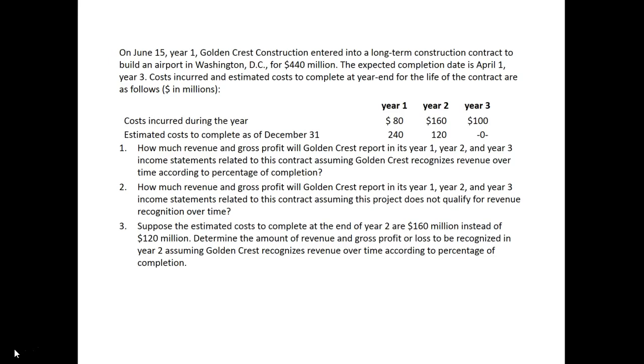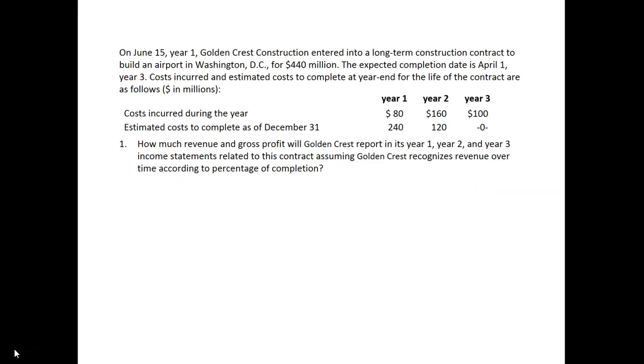And then number 3, suppose the estimated cost to complete at the end of year 2 are $160 million instead of the $120. Then determine the amount of revenue and gross profit or loss that would be recognized in year 2, assuming revenue gets recognized over time.